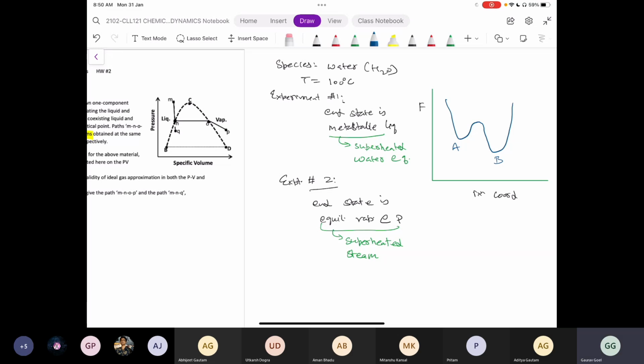So it is possible, depending on the height of this barrier, that even though at this given condition state B is more stable, you still might lie in state A because this barrier has not been surmounted. But state A is not a thermodynamic equilibrium state, therefore we are calling it a metastable state.